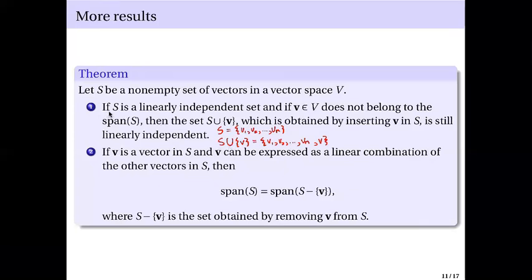So this theorem tells us S, this set here, is a linearly independent set. And the element V does not belong in the span of S. So meaning you cannot write V as a linear combination of V1, V2 until Vn. Then this set here is still linearly independent.